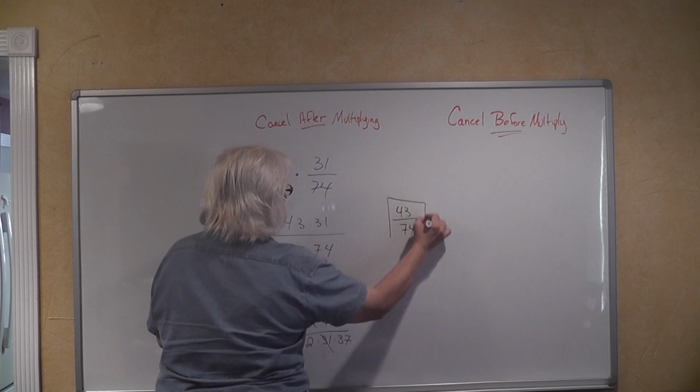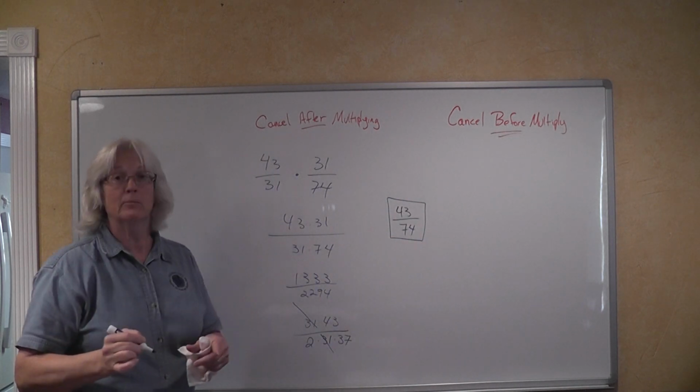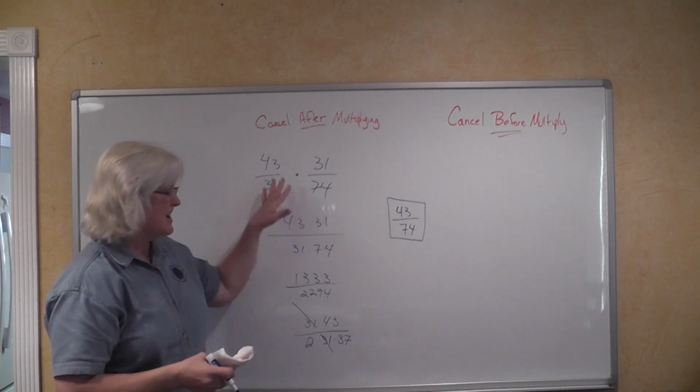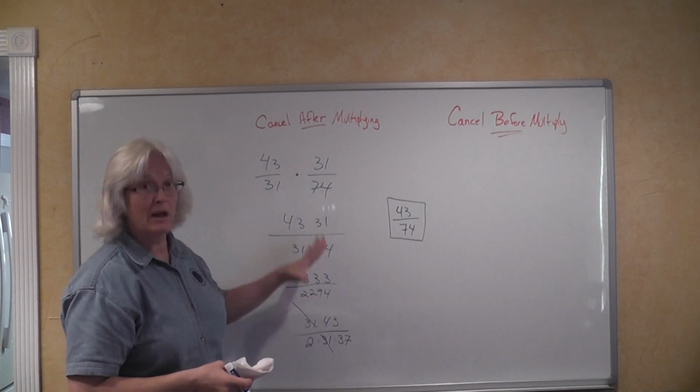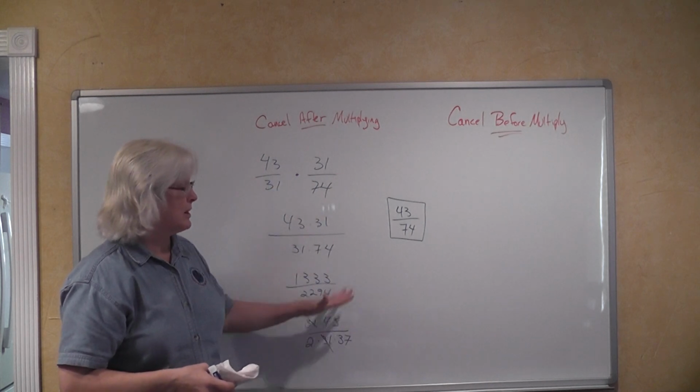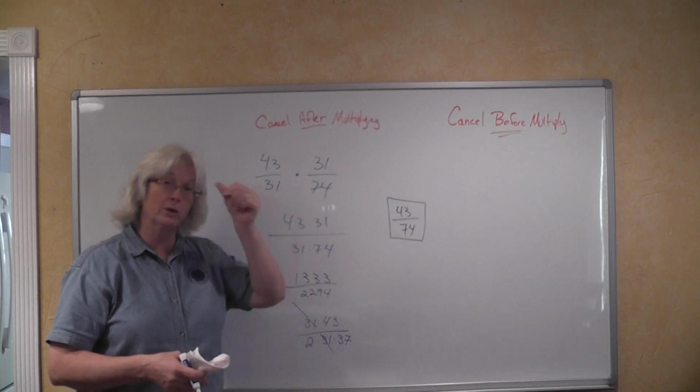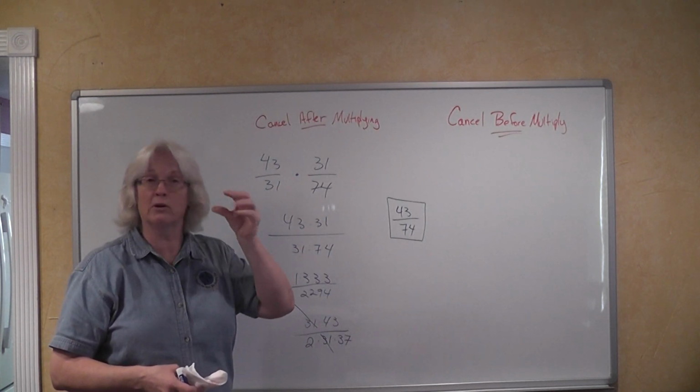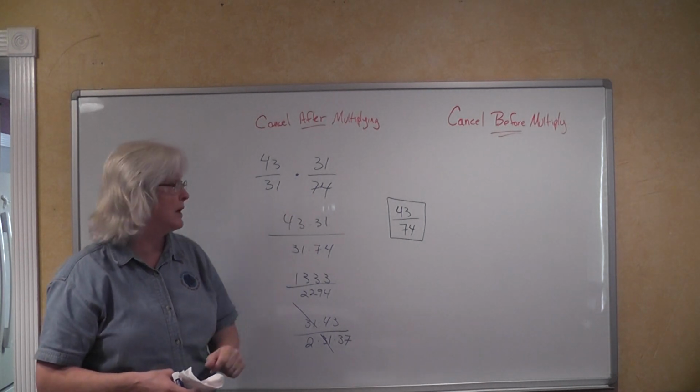which is 74. Now, I don't know about you, I didn't like that. And on a bad day, I'd probably do something wrong with my math because I'd be so bored with it or in such a hurry that I would mismultiply.